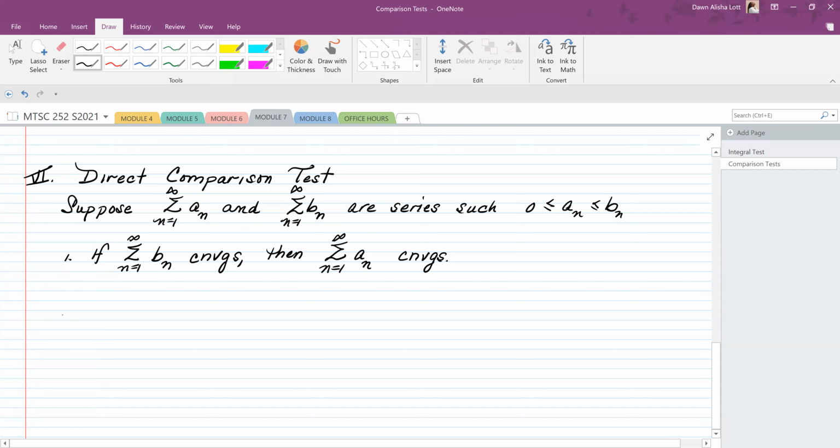Now likewise, if the smaller series is divergent, that means it's so big I can't figure out what the number is, then obviously the one bigger than that also has to diverge. So if the summation n equals 1 to infinity of the series a_n diverges, then the bigger one diverges as well.